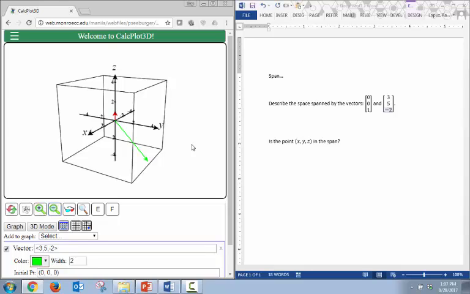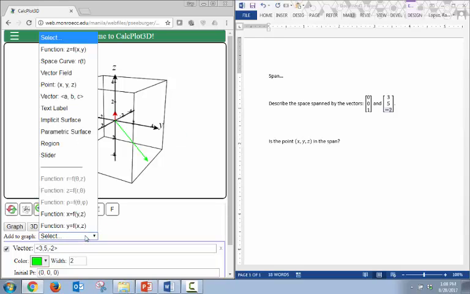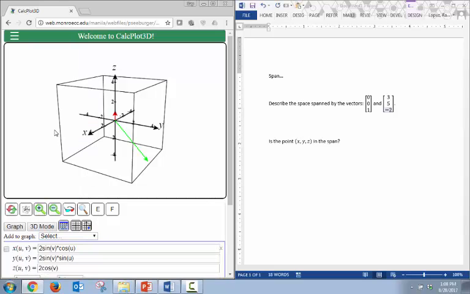If we want the space spanned by these 2 vectors, what we're essentially doing is scalar multiplying these and adding them. So it turns out that in Calc 3 there is this idea of a parametric surface, which is what we're going to create.